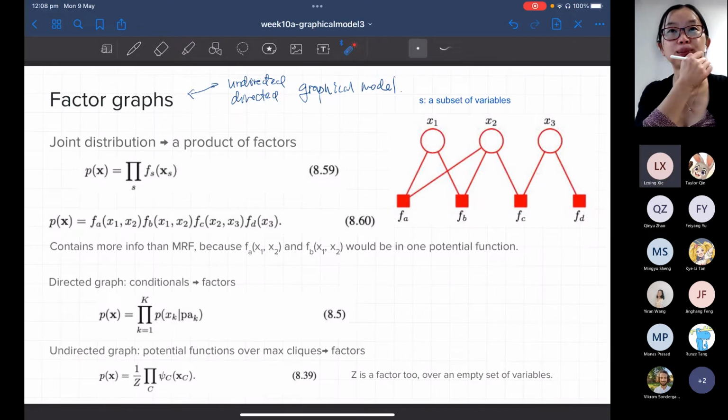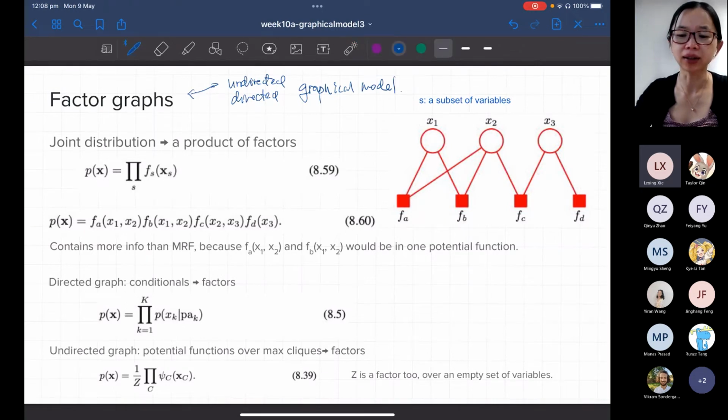You might ask, why bother? Why do we want to do this? So what this expression says is roughly between x1, x2, and x3, there is a link between x2 and x3.